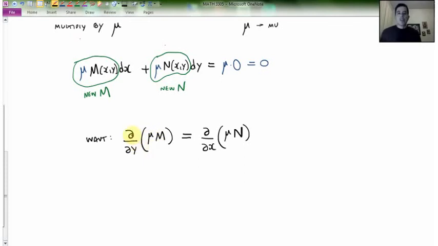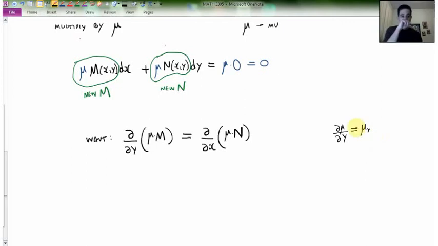Okay, so now this is the derivative of a product, right? So here's a product. So the derivative of a product is the derivative of the first times the second plus the first times the derivative of the second. Now, to make it simpler, let's use the subscript notation: mu y.